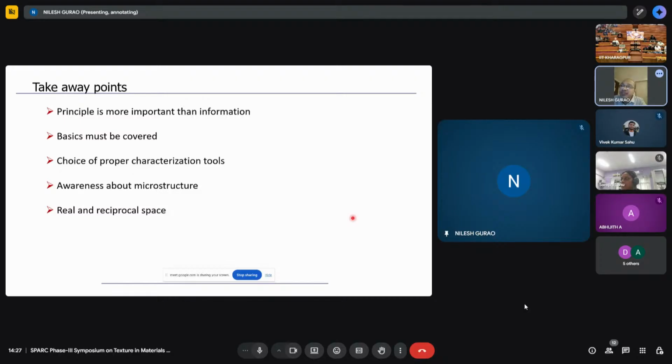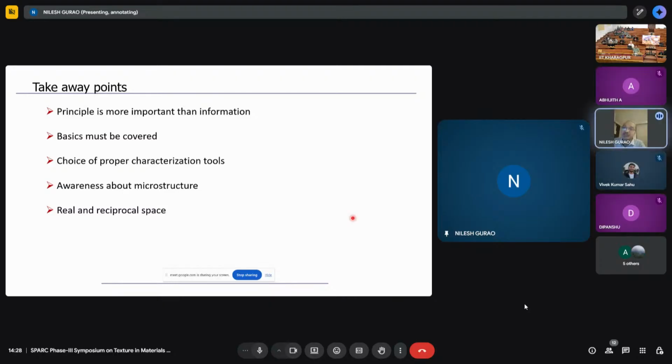So see, even in very good papers, you will find that people write SEM image. Now, there is nothing like an SEM image. We need to say that this is a secondary electron image. This is a backscatter electron image. And that is why we need to worry about what is the resolution, what is the accuracy, and so on and so forth.